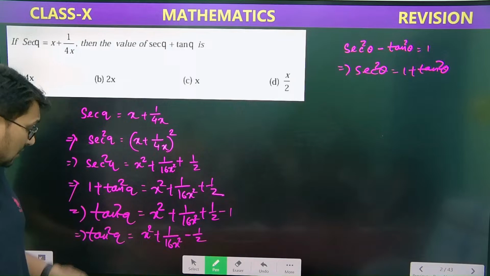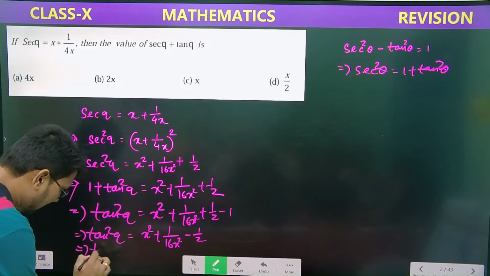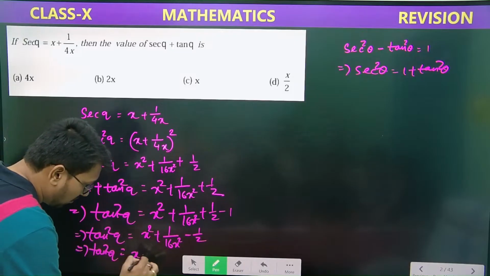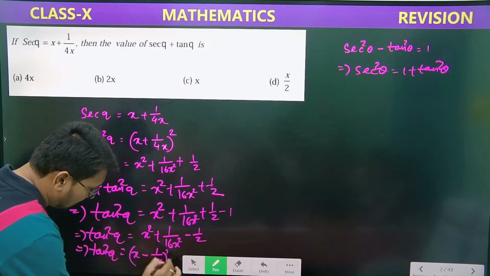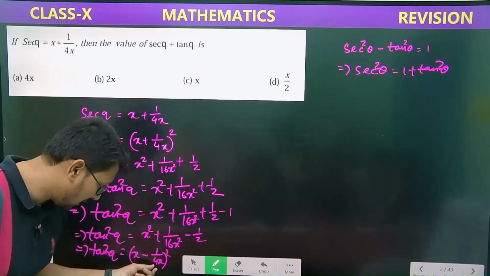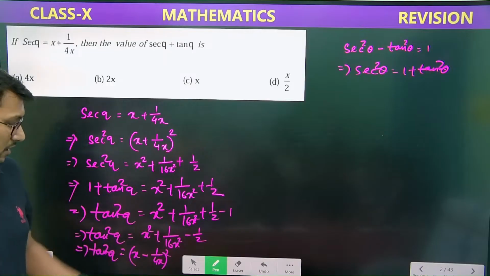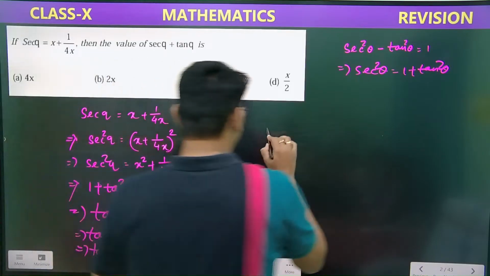Are you getting? So this is what tan square q. This implies tan square q equals to x minus 1 by 4x whole square, using a square plus b square minus 2ab. You'll get this. Yes or no? Check karo. Now you are unable to understand? Tell me.